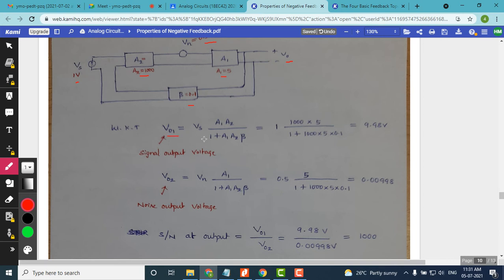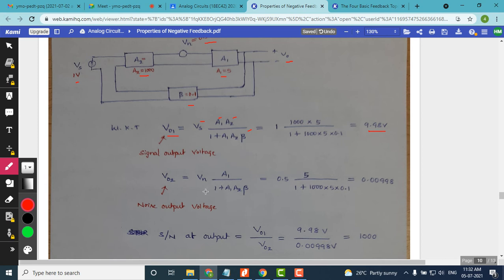For V01 we can straight away use the already derived equation, Vs into A1 A2 divided by 1 plus A1 into A2 into beta. Substituting all these values of A1, A2, beta and Vs gives the value of V01 as 9.98 volts. This is due to the signal output voltage.